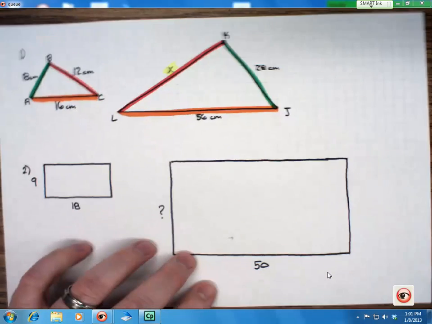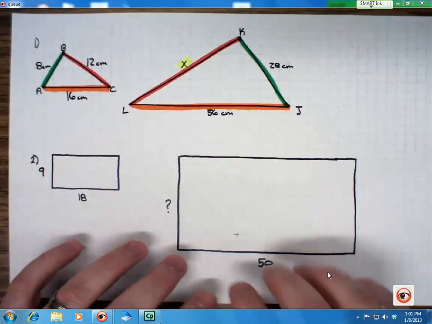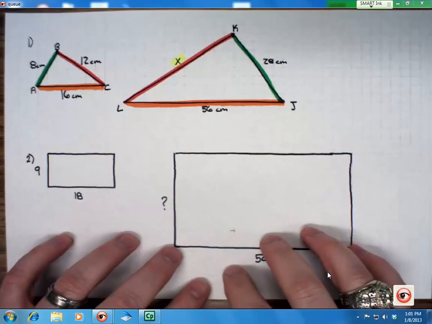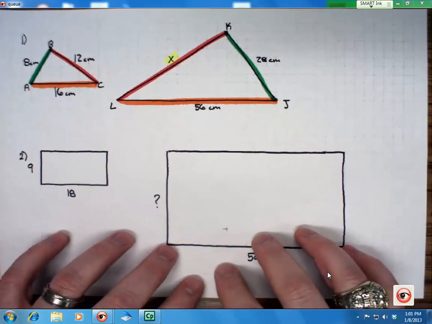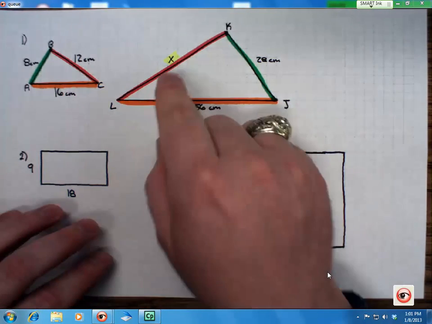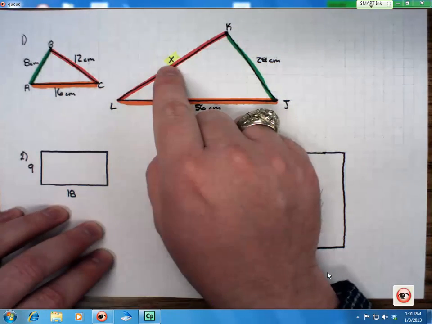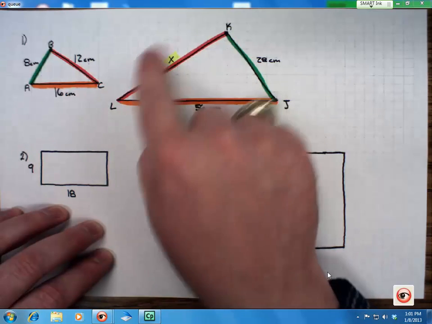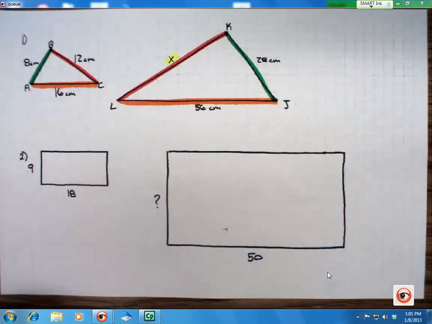All right, so once I have my corresponding sides color-coded, now I can do my work to find the value of X on this one. I'm going to be finding the length of it. And to do that, just like on my previous lesson, I'm going to have to set up ratios using the numbers from my corresponding sides.